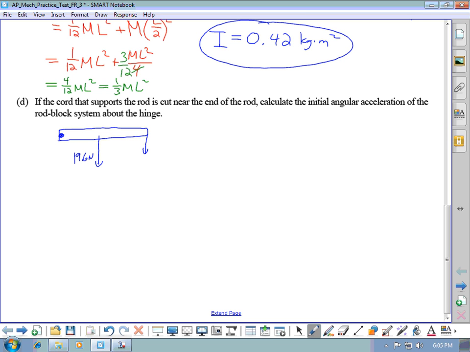We still have this weight of 4.9 newtons. But we don't have that counterclockwise torque anymore. We still have a clockwise torque of 19.6 times 0.3 plus 4.9 times 0.6, which was 8.82 Newton meters.